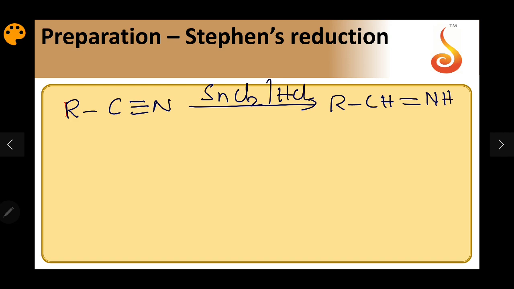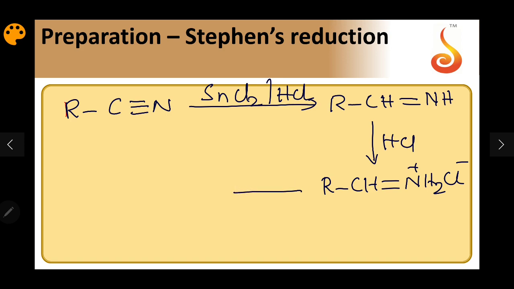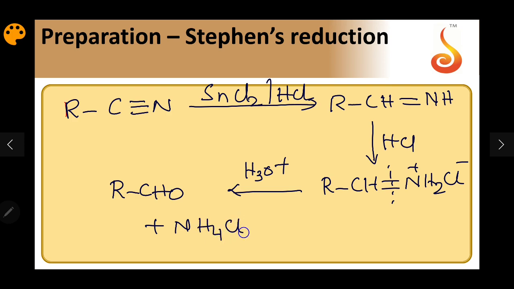The imine formed, when reacted further with HCl, forms the respective imine salt, NH2+ Cl-. This imine salt is hydrolyzed. It is broken, it becomes aldehyde, and the byproduct is ammonium chloride.